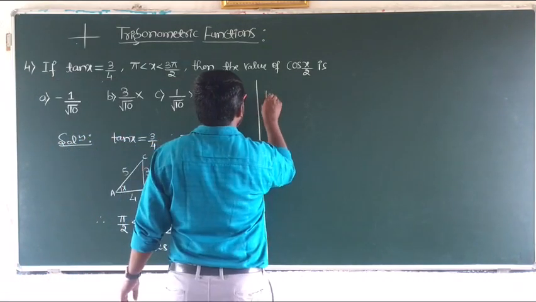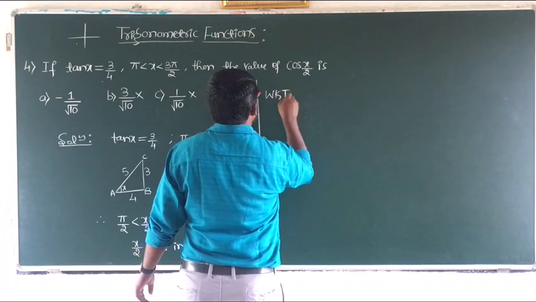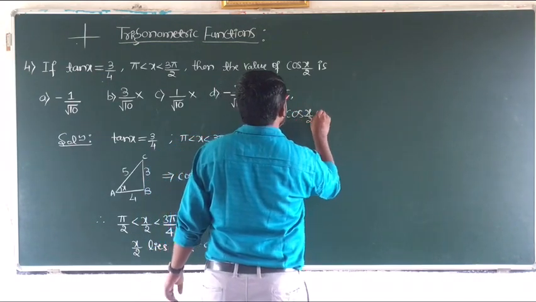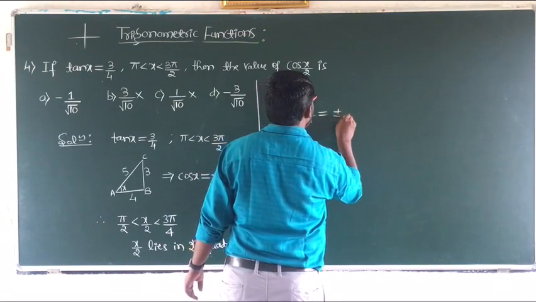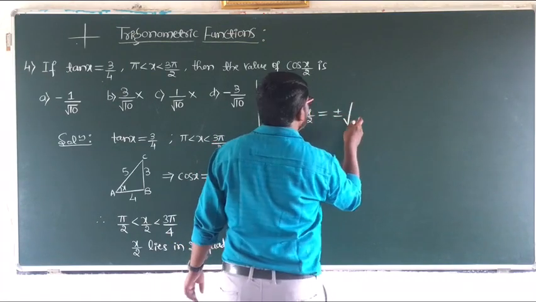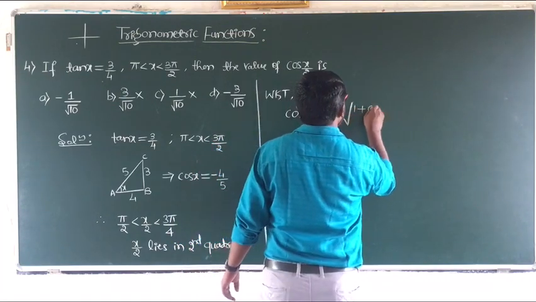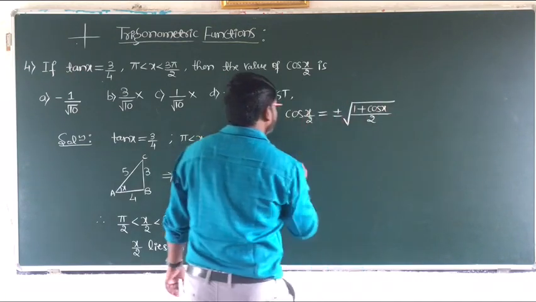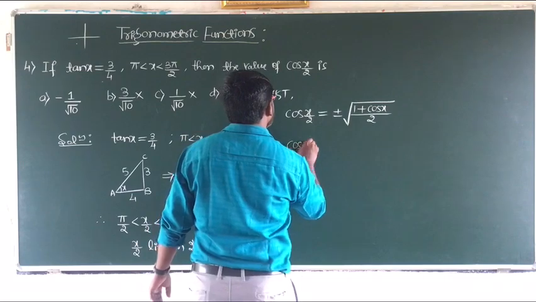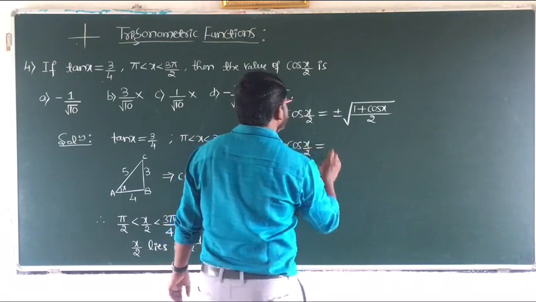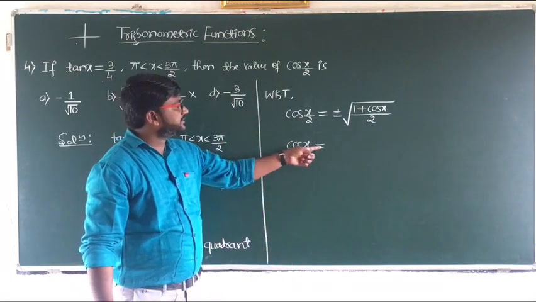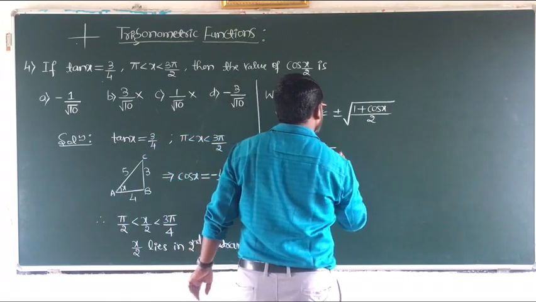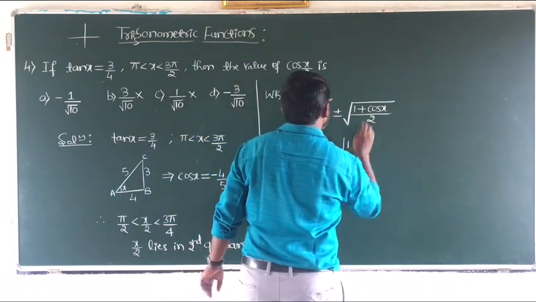We know that cos x by 2 is equal to plus or minus under root 1 plus cos x whole divided by 2. So now cos x by 2, since x by 2 lies in the second quadrant, I take only minus here. So minus under root 1, then what is cos x?